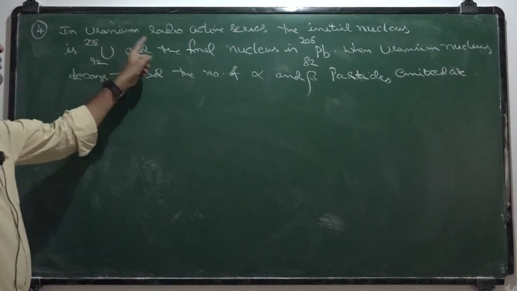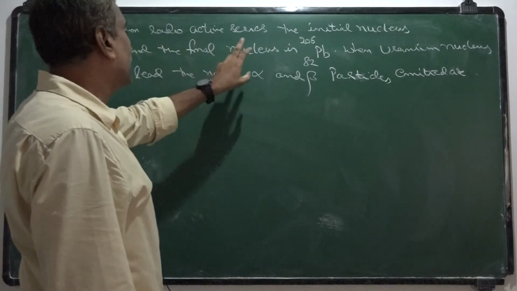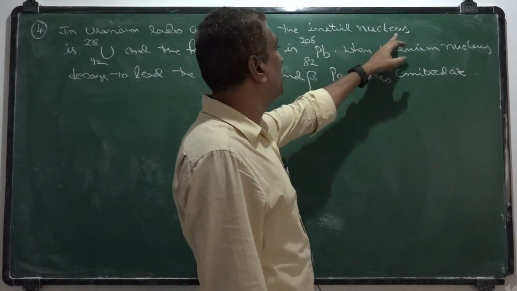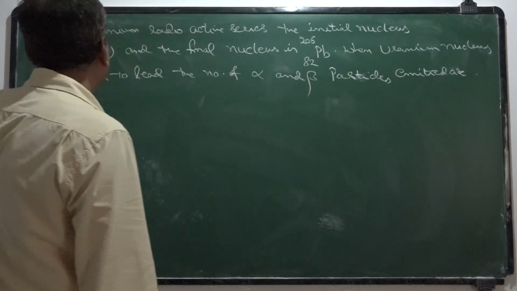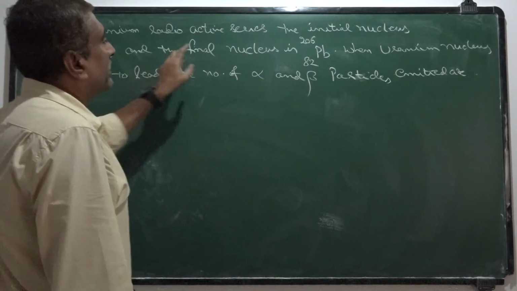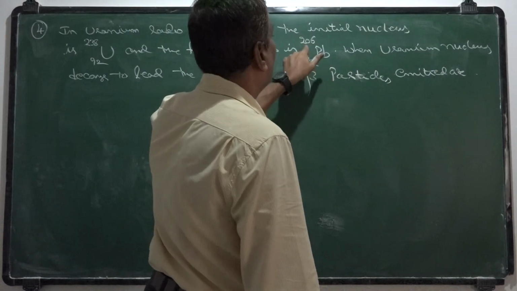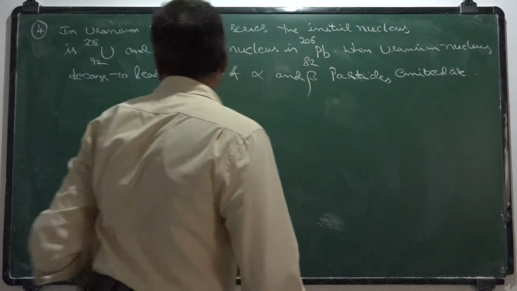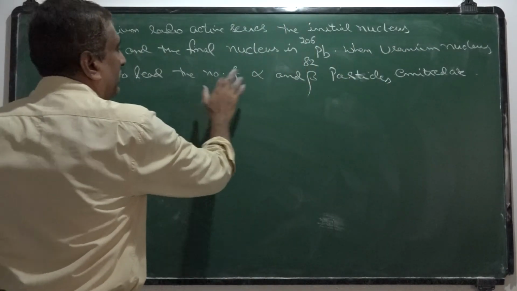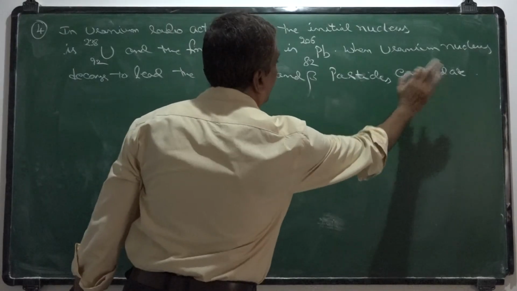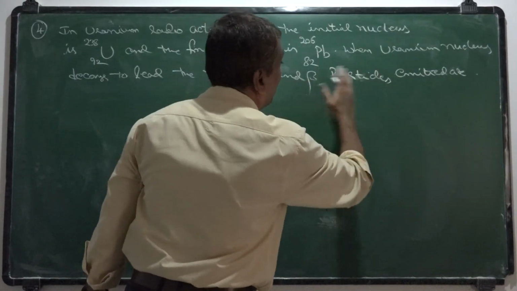Okay. The question is, in the uranium radioactive series, the initial nucleus is uranium 238-92 and the final nucleus is lead 82-206. When the uranium nucleus decays to lead, what are the numbers of alpha and beta particles emitted?